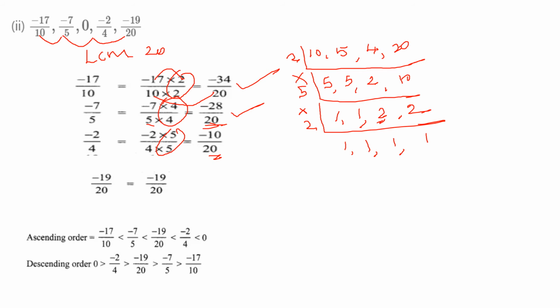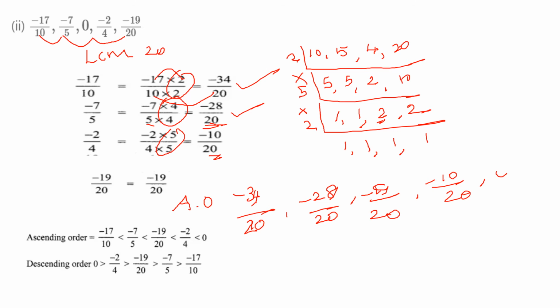So we can find the ascending order. Ascending order, which is smaller? Minus 34 by 20 only is the smaller. So minus 34 by 20, comma, minus 28 by 20, after that minus 19 by 20 and minus 10 by 20. Last number 0.